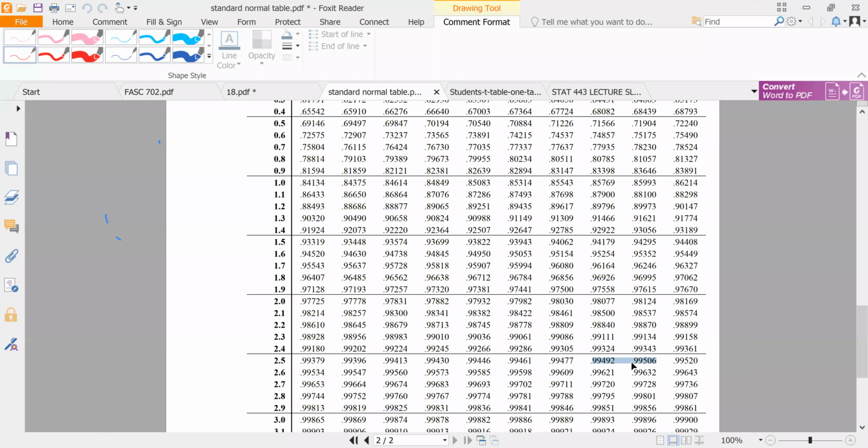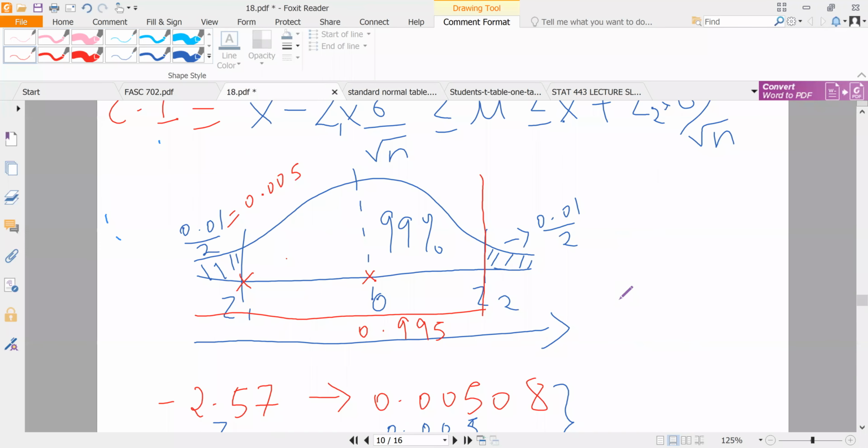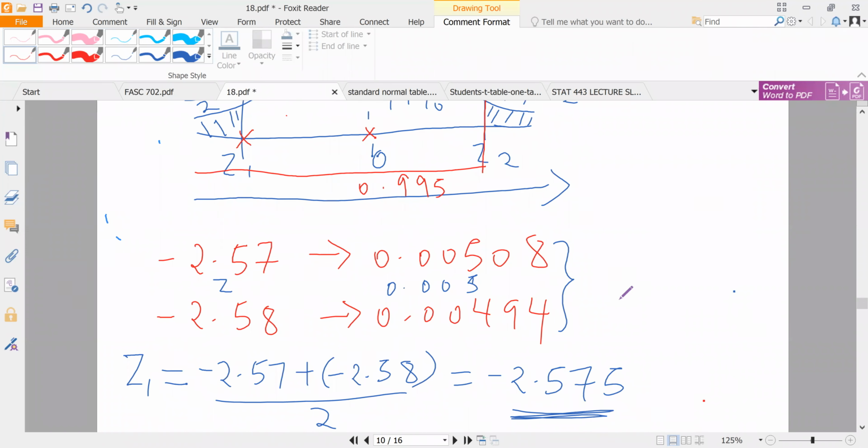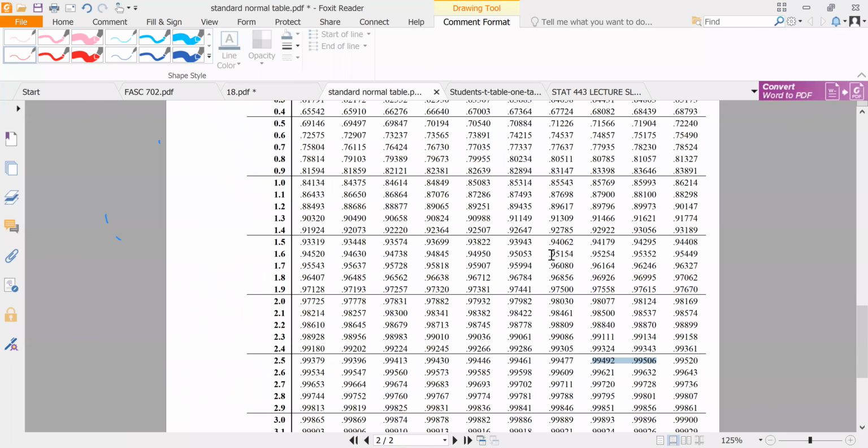The accumulated probability of 0.995 is between these 2 points. And if you do the average like we did, you'll get the exact value of 2.575. So yes, that is how you identify the Z values from the standard tables.